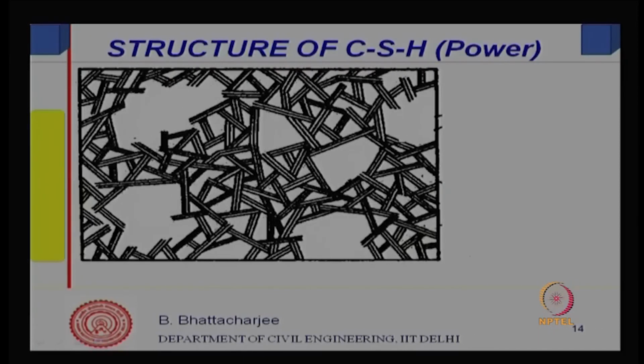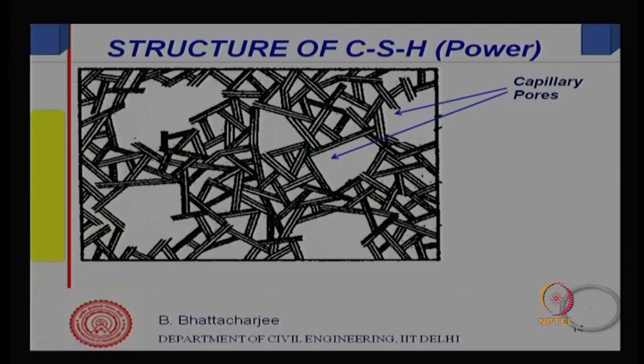and this is the model proposed by Powers. In this model, these are the CSH sheets you can see, and there are large spaces which he calls capillary pores, relatively larger pores, as I was telling you. Water can enter these by capillary suction, because of the surface tension forces.